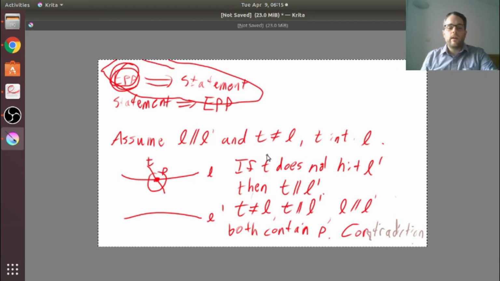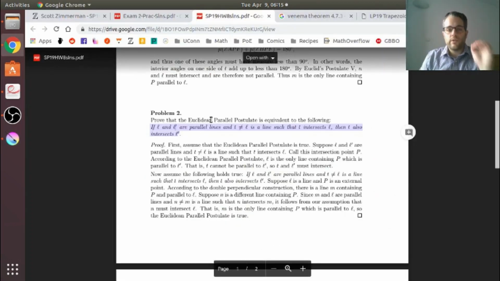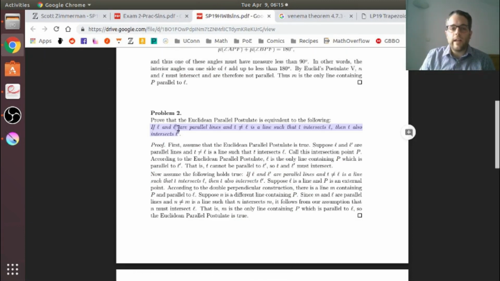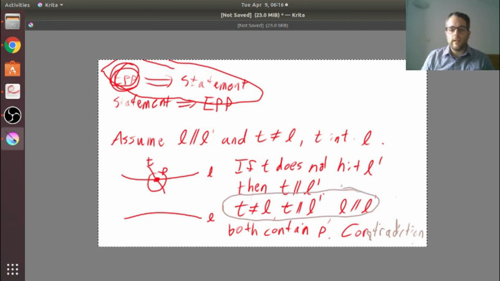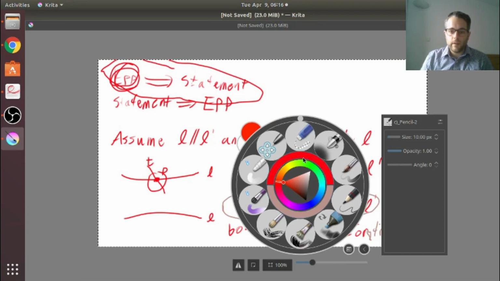So essentially you assume the Euclidean parallel postulate is true, and the thing I highlighted here is your homework problem, right? Show that this statement has to be true. And that's what we did then. We proved this statement, and somewhere along the line we used the Euclidean parallel postulate, and we use it to say that this thing right here can't possibly be true. Okay?